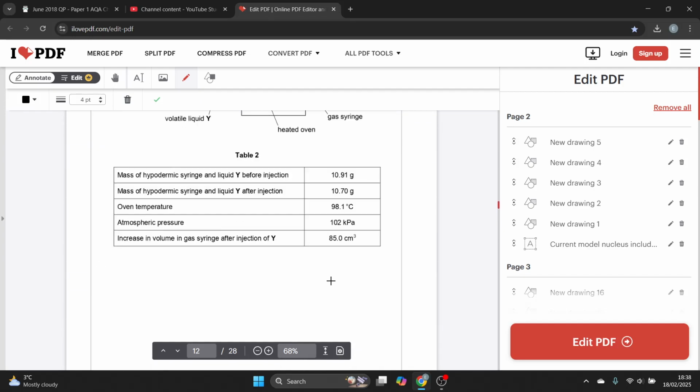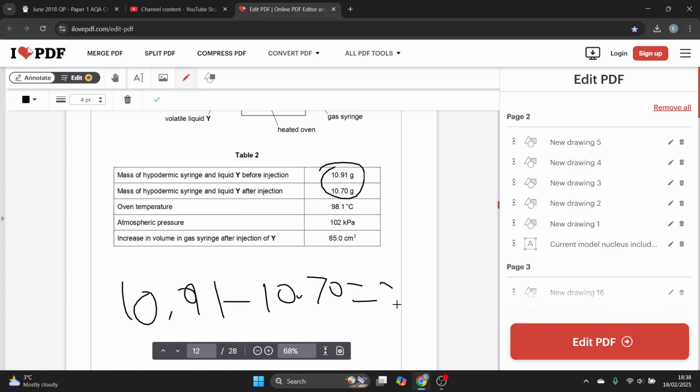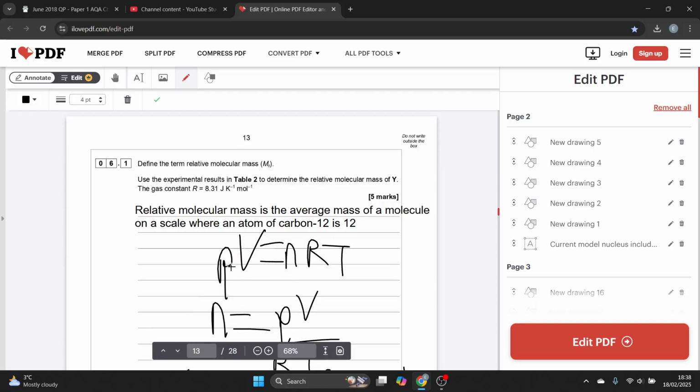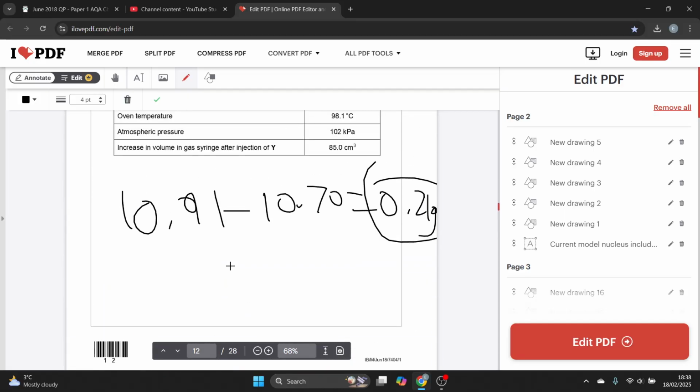And then I can also work out the mass of liquid Y. Okay, I've worked out the mass. This will give me the moles. Moles is mass over MR, so MR is mass over the number of moles.